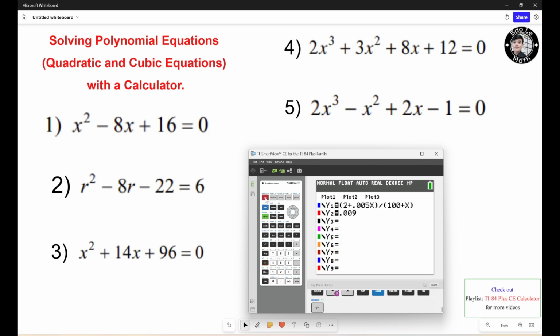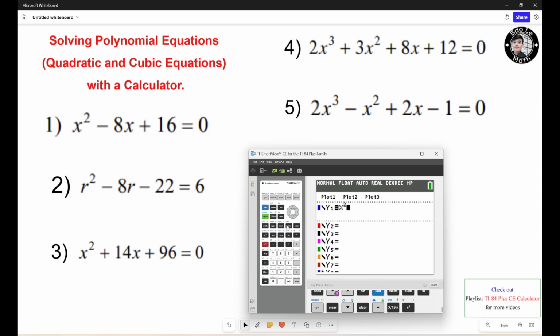You're gonna hit Y equals, clear everything right here. Alright, you hit x squared minus 8x plus 16. Hit graph.